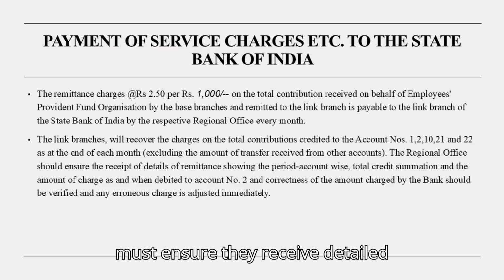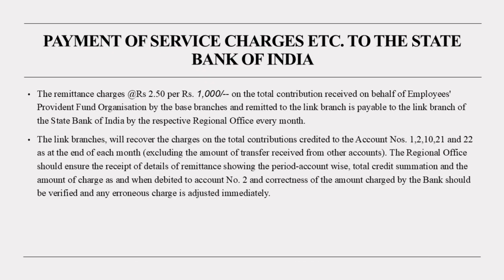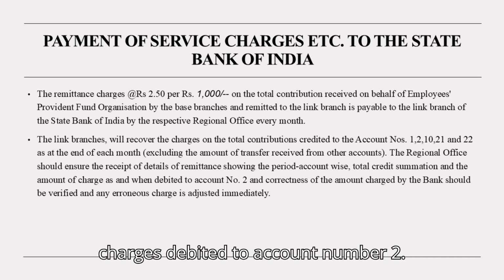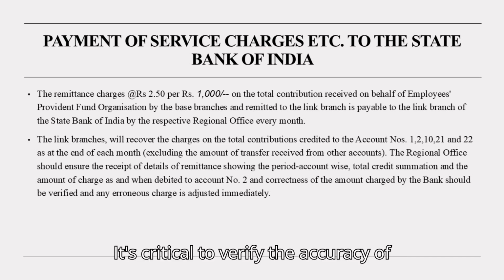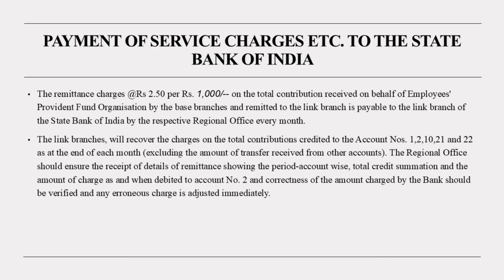Regional offices must ensure they receive detailed remittance statements showing the period, account-wise credit totals, and the charges debited to account number 2. It's critical to verify the accuracy of these charges and ensure any erroneous charges are adjusted promptly.